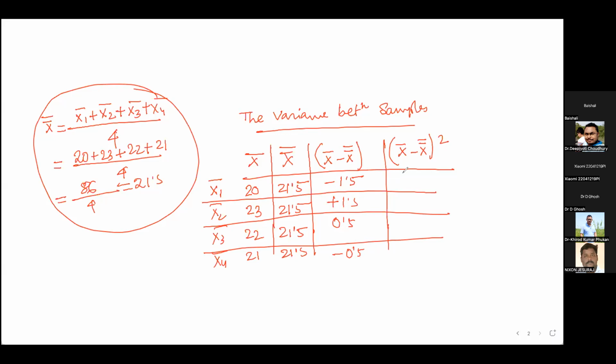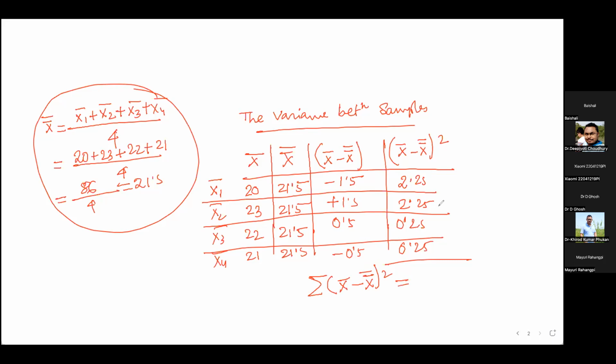When I make it square, it will be around 2.25, here also 2.25, and 0.5 squared, 5 into 5, 25, that is 0.25, here also 0.25.